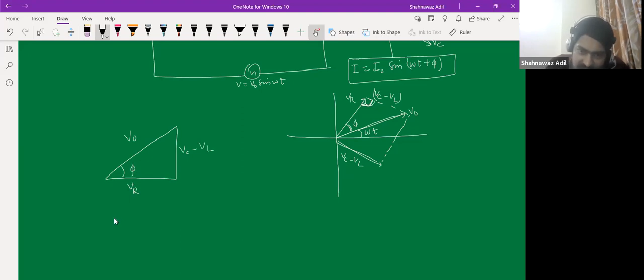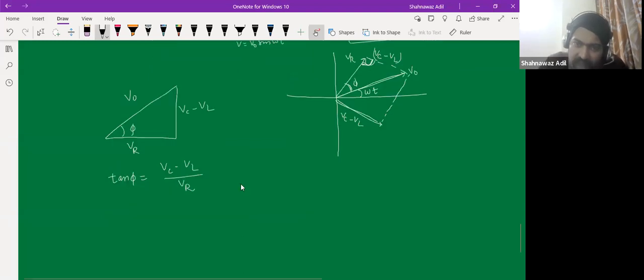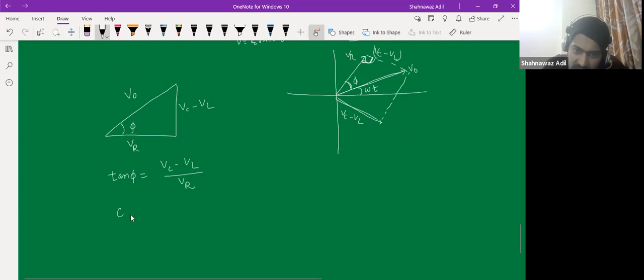If we write tan phi, that would give us the phase angle. If we write cos phi, that would give us the power factor, and that would be base by hypotenuse, right?